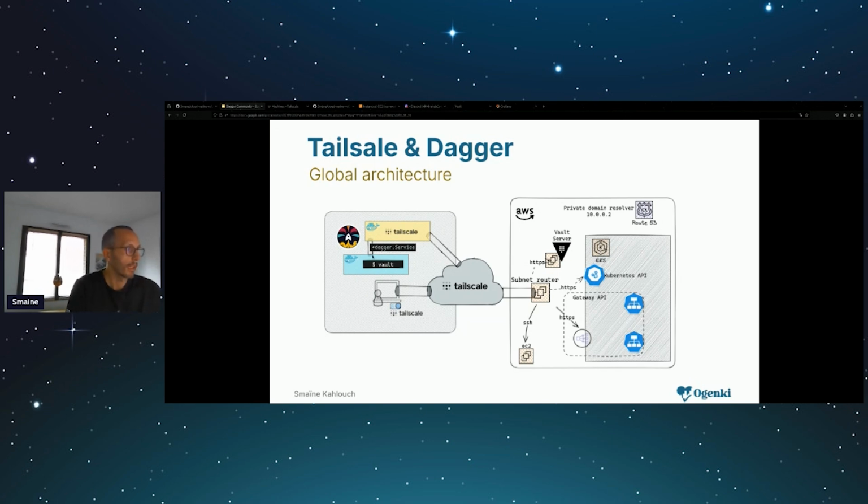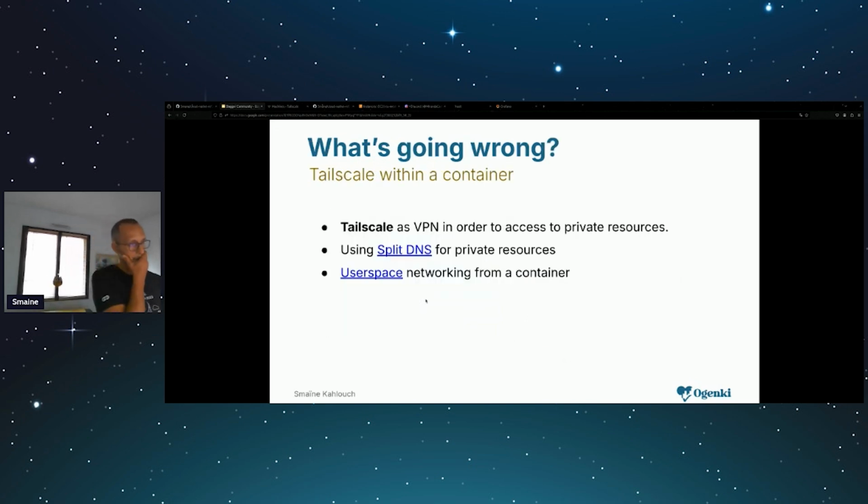So the target would ideally be to have this running the same way on my laptop and on the CI platform. But unfortunately, it doesn't work. Tailscale is used as a VPN, and it uses under the hood something called split DNS. I will explain what it is.